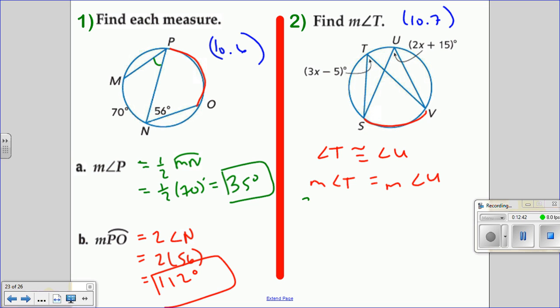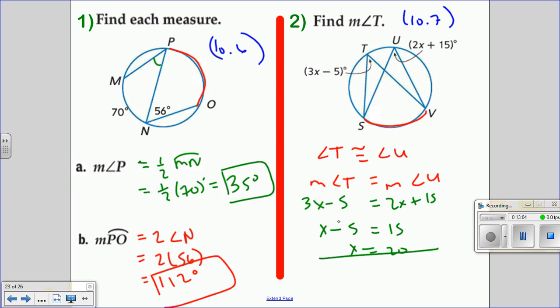So we're going to take 3x minus 5 and equal it to 2x plus 15. Subtract 2x on both sides, which would leave you with x minus 5 equals 15. Add 5 to both sides, and you get x is equal to 20. Again, I'm not done because it didn't ask us to find x.